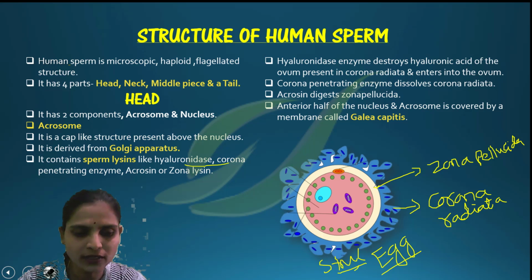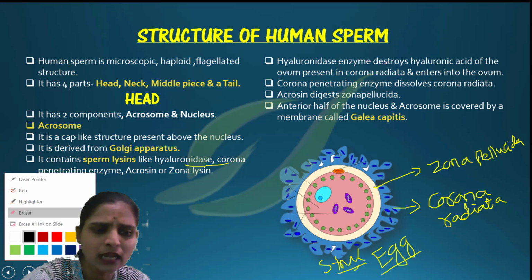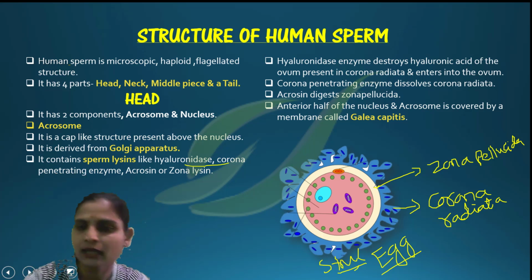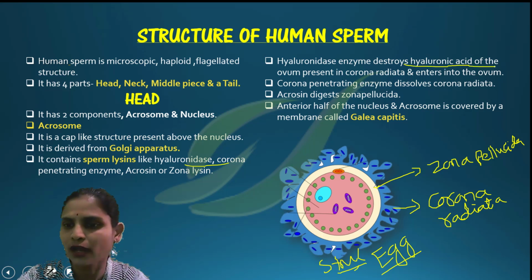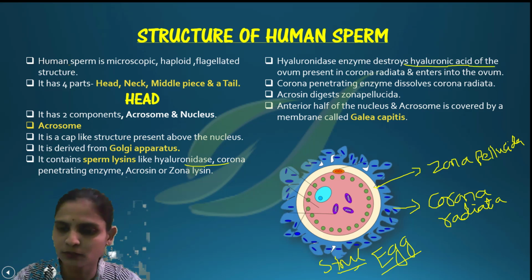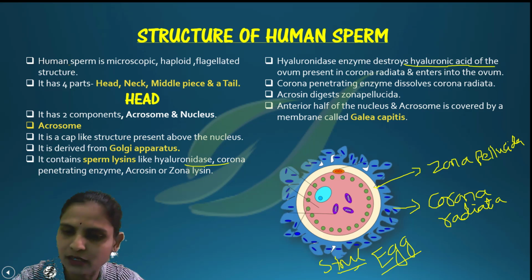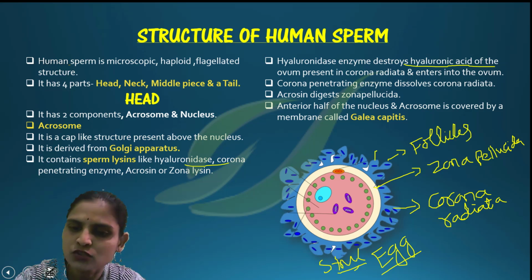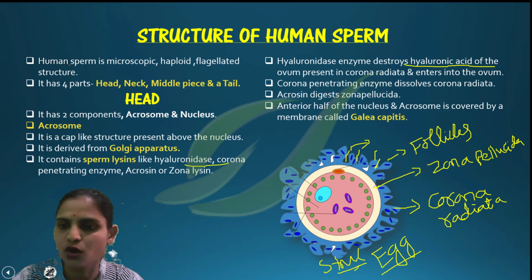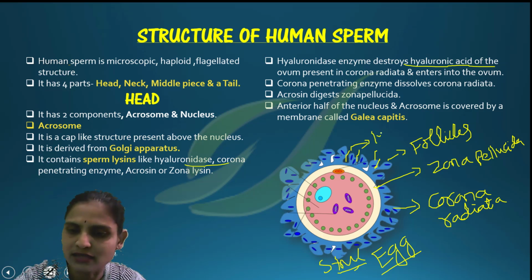The hyaluronidase enzyme helps in destroying the hyaluronic acid of the ovum. In the corona radiata there are many follicles, and in between these follicles there is an acid called hyaluronic acid.